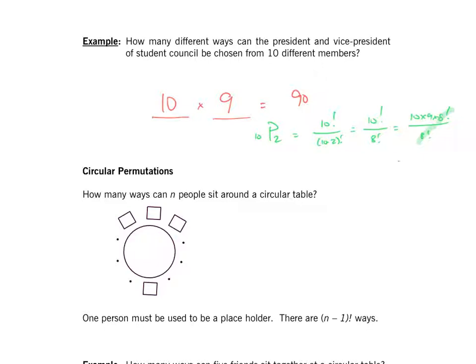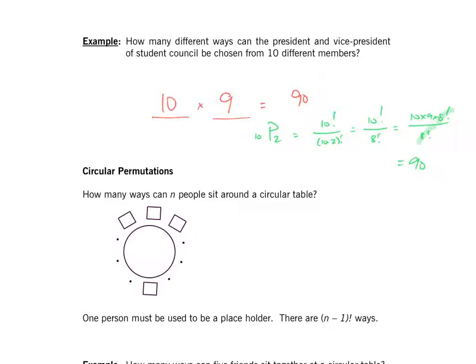And then that would give us 10 times 9, which is 90. So we get the same answer. It's just 2 different approaches, but it's still working towards figuring out that there's 90 ways that the president and vice president position can be filled from a group of 10 people.